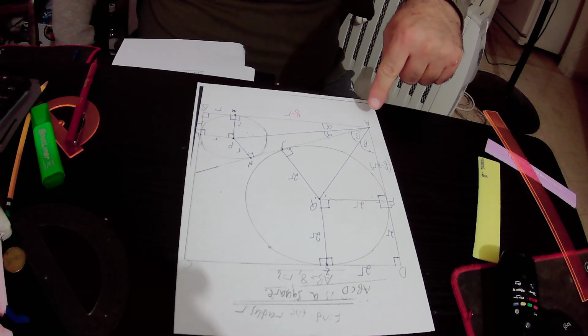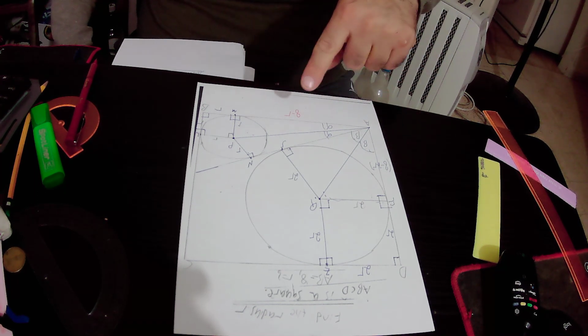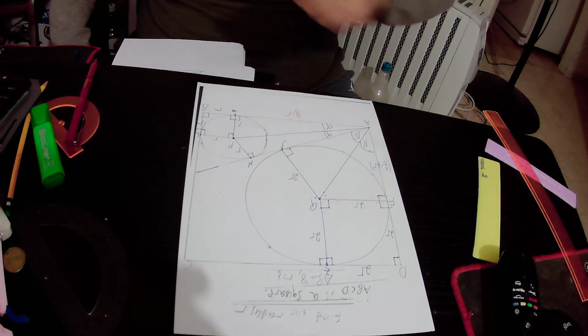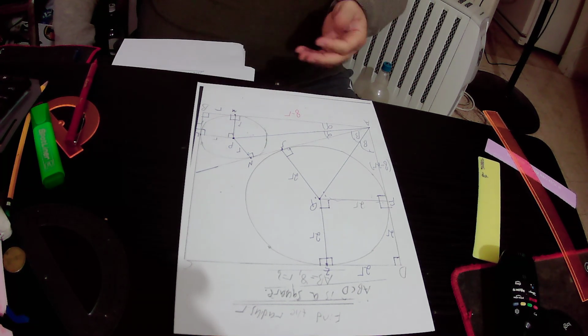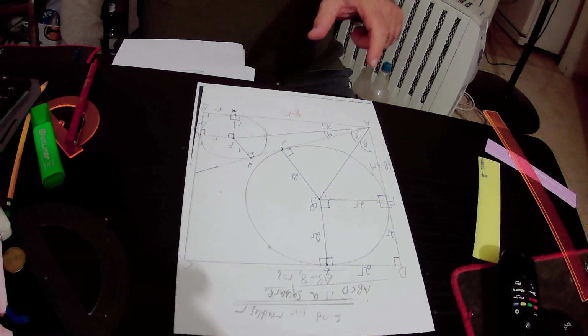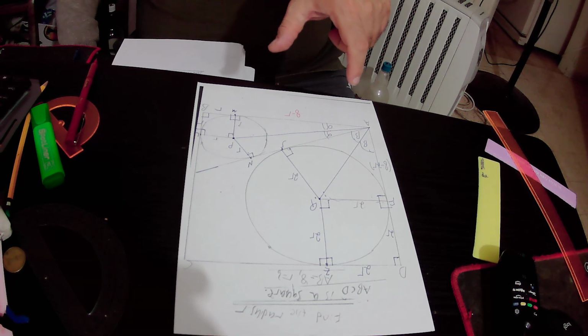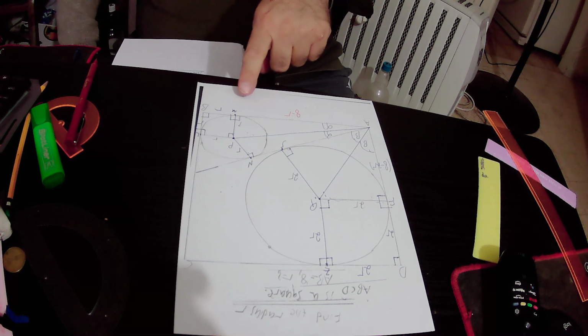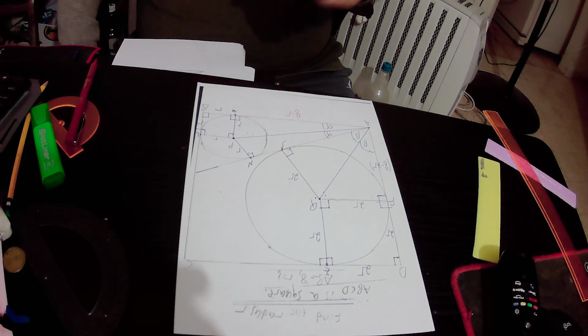We join together points A and P. We draw these 2 radiuses, and we have rule number 1 that states that a tangent to a circle is perpendicular to the radius at the point of tangency. So we have here tangent AM, and the point of tangency is point M.